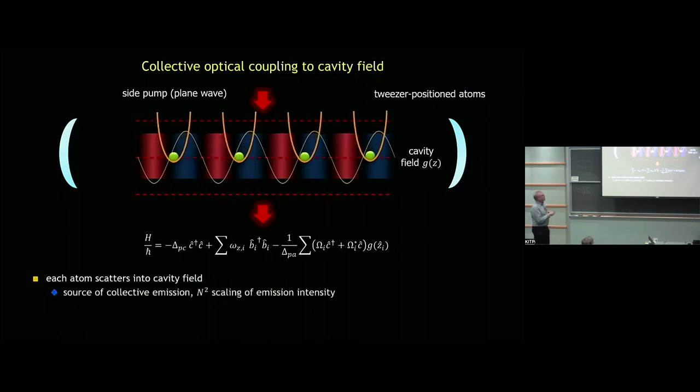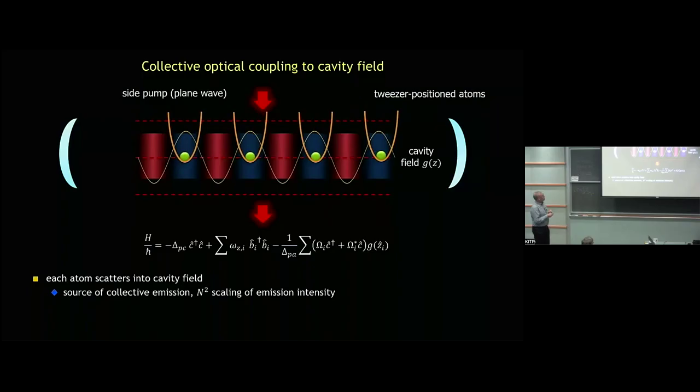Let's say we shift the tweezers and place the atoms at antinodes of the field, and in particular choose to place the atoms at antinodes where the cavity field has the same positive large value. So now I expect the emissions to be coherent with one another.